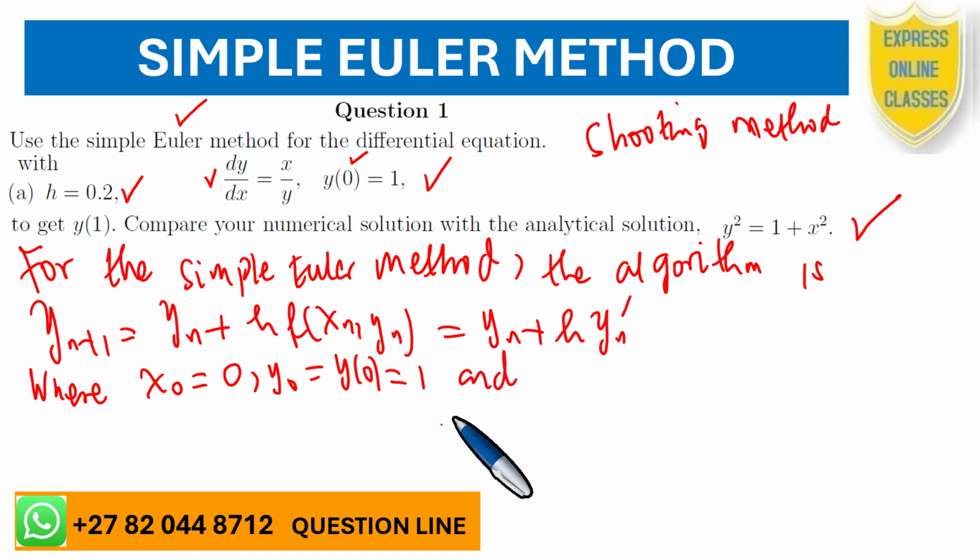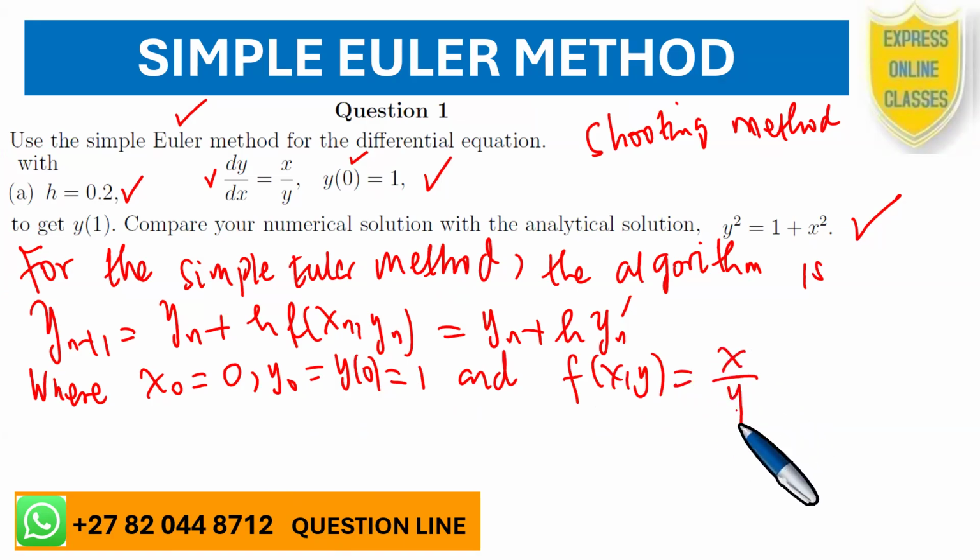And whenever we have f of x, y, it is x over y. Obviously we note that in the whole course here, whenever we have dy/dx, it is f of x and y. And as we continue with our discussions on the simple Euler, what does the simple Euler mean?